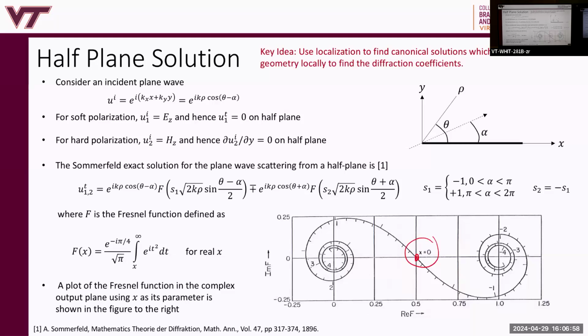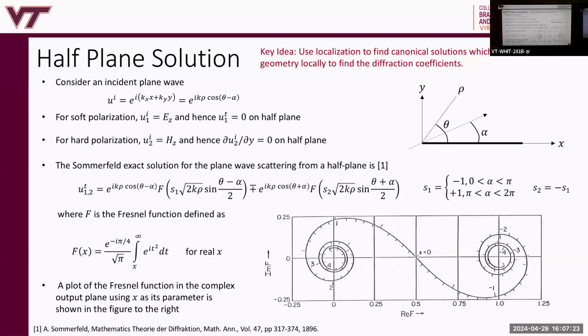Here's x equal to 0, for example. If you plug in 0 here, you get 0.5 for the real part and 0.5 negative for the imaginary part. Here is x equals 3, here's x equals 4, and minus 3, minus 4, and minus 2. Here's x equal to 2.